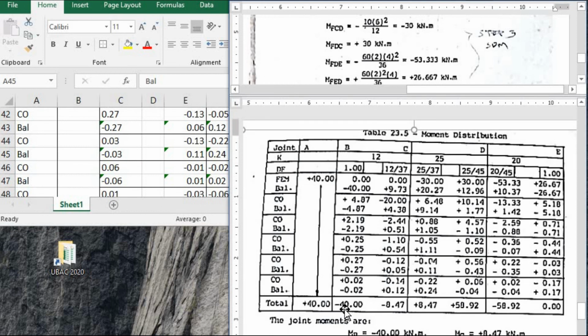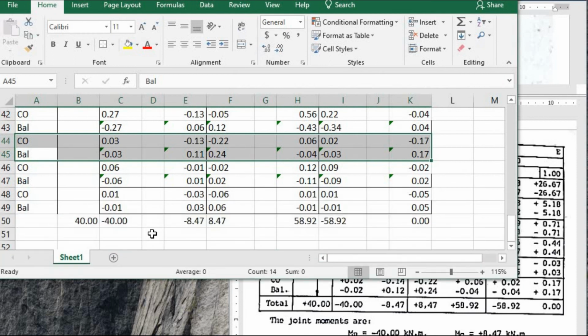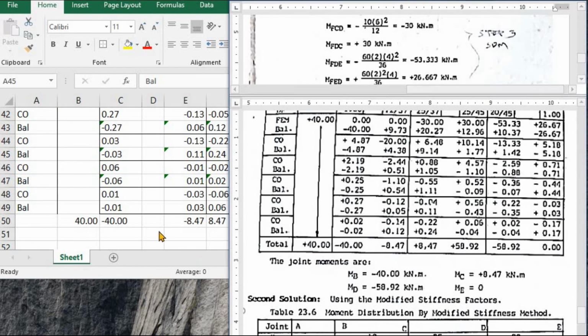Here in the book, maybe that difference is okay for them. So that's the problem with not using Excel, okay? But if you use Excel, you can know when to stop. Okay, guys? So that's it. Those are our joint moments.